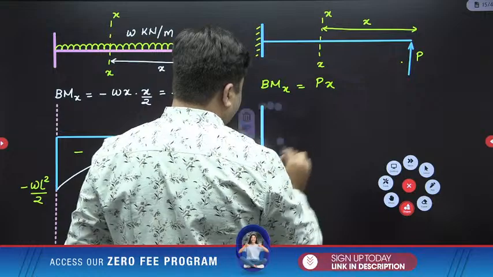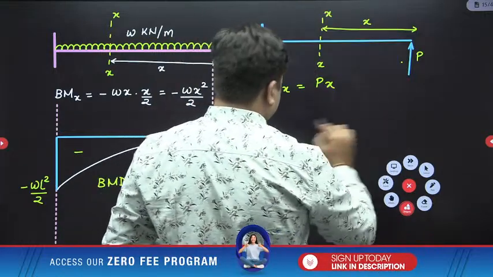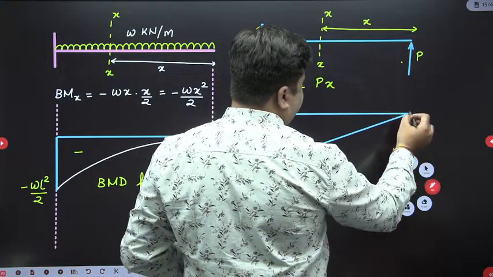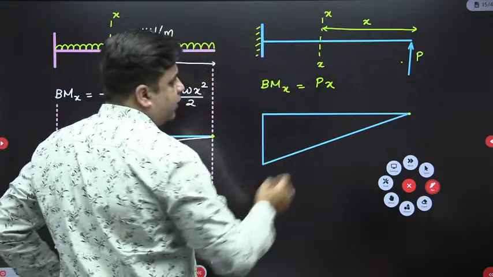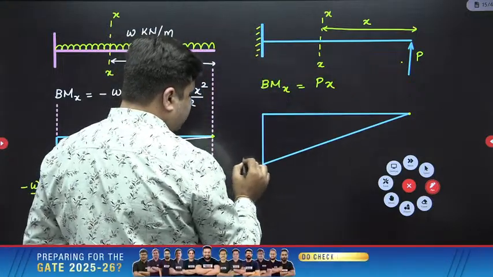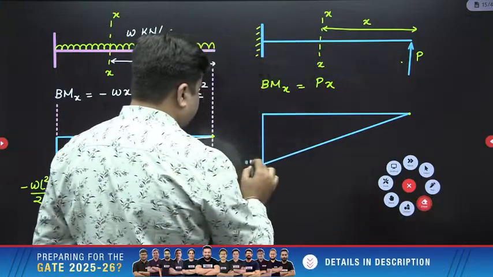It is a straight line variation like this. The value of bending moment at x equals 0 is 0, and at x equals L the value of bending moment is P into L, and this is positive. Why am I drawing this negative? This is positive.